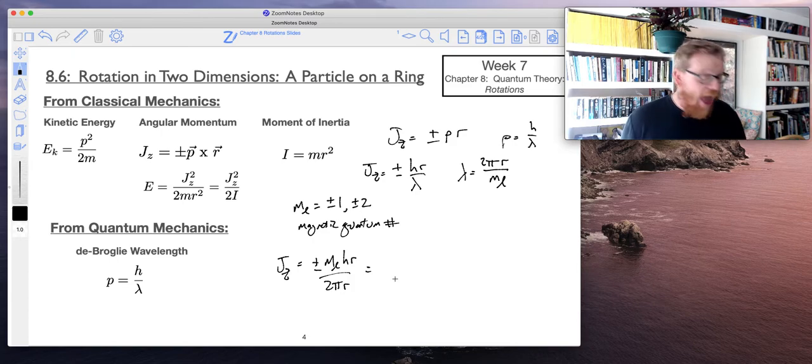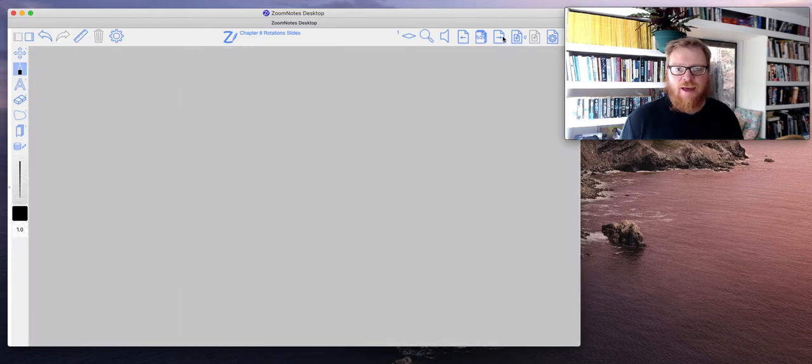All of that is going to equal plus or minus ml times h bar. So the radius cancels, and we know h divided by 2 pi is h bar. Okay? So what we see classically, I think I have that on the next slide.